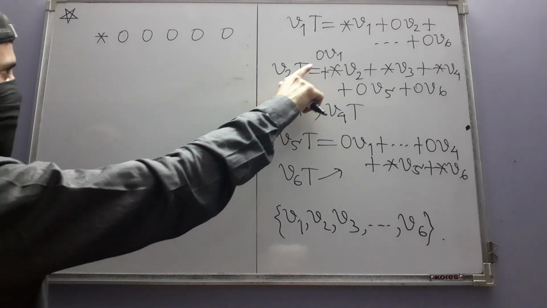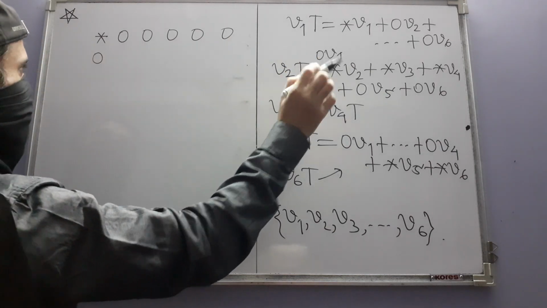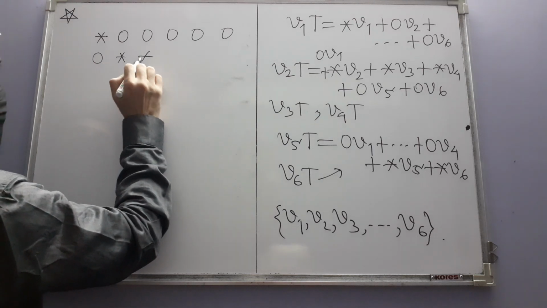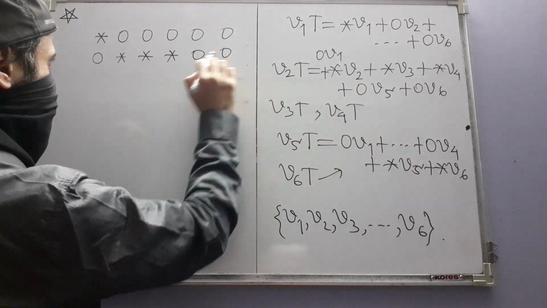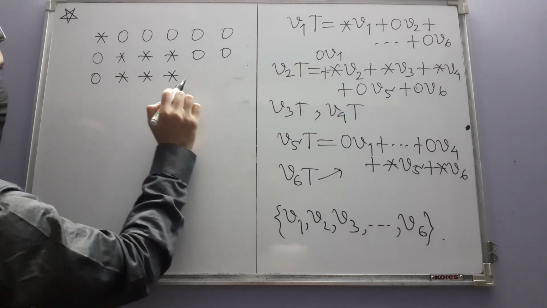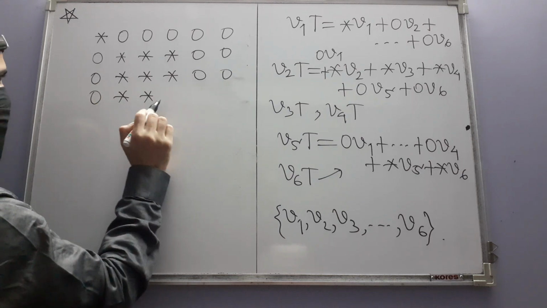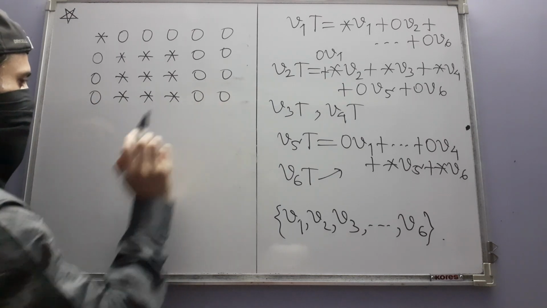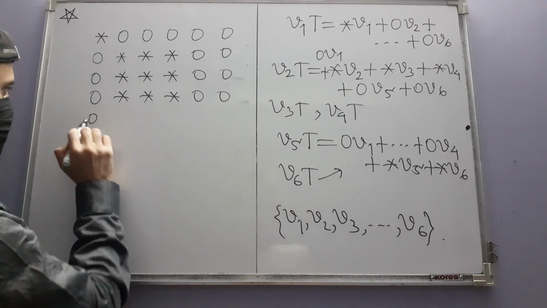For V2, we start with 0, then star, star, star, and then 0, 0. For V3 also, the pattern is like that. For V4 also, the pattern is like that. For V5T, those are the coefficients.